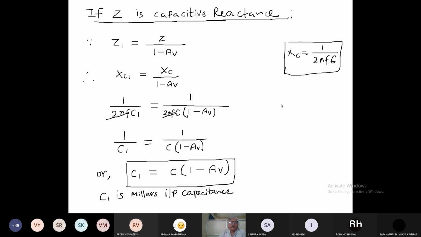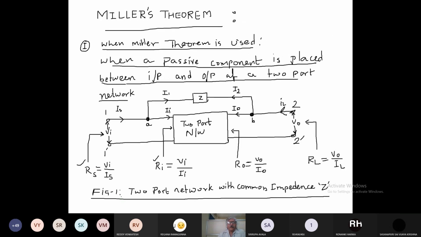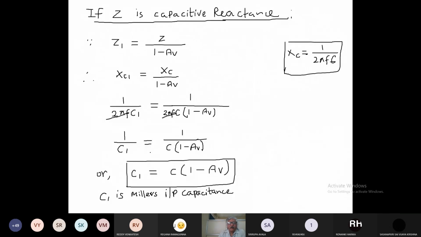So here, suppose in this figure we have C, one capacitor connected here, right? Then what we can do is remove that capacitor, and in place of that capacitor we connect one capacitor here with a value of C1, and the value C1 you can calculate by using this expression, the value of capacitor C multiplied by 1 minus voltage gain, right? In that way we can do the things, right?